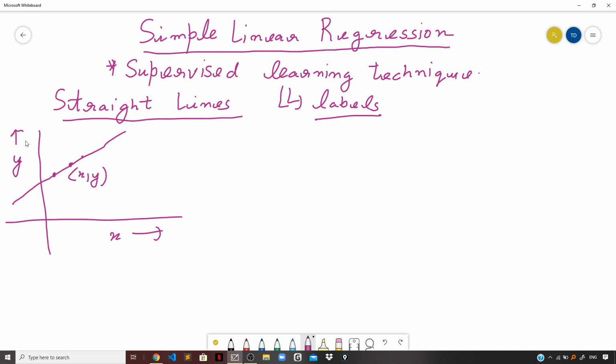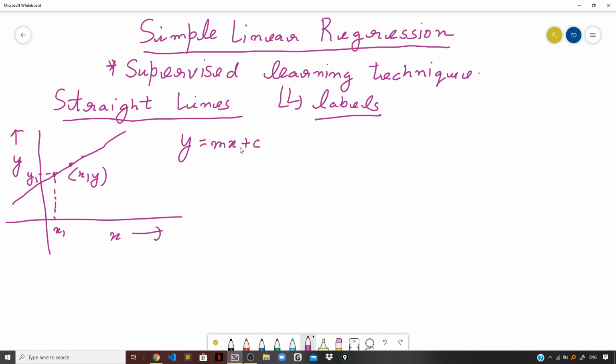So the x coordinate is represented along the x-axis, and y is your dependent variable that you have along the y-axis. For each value of x, there is a corresponding value of y. Suppose this is your x1. For this x1, you have a certain value of y, say y1.